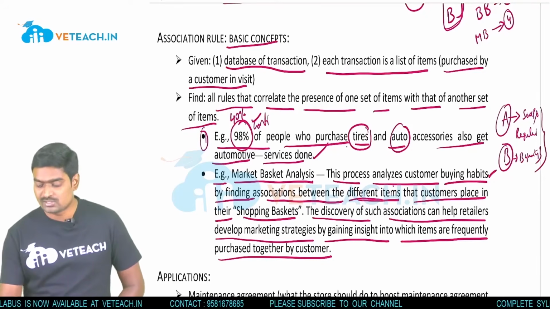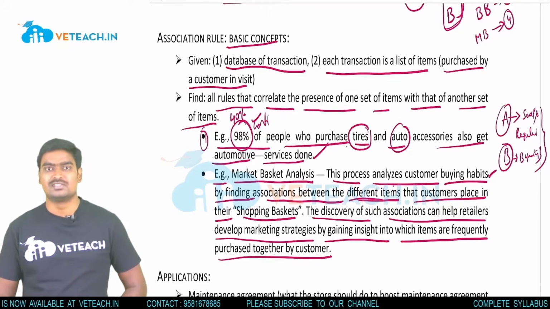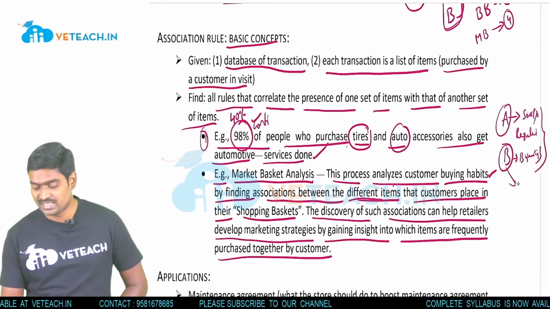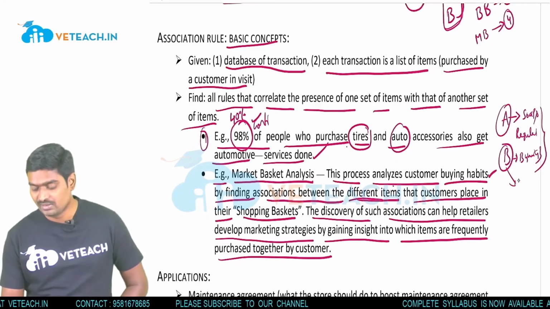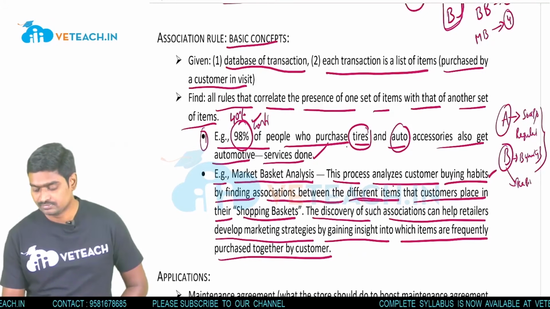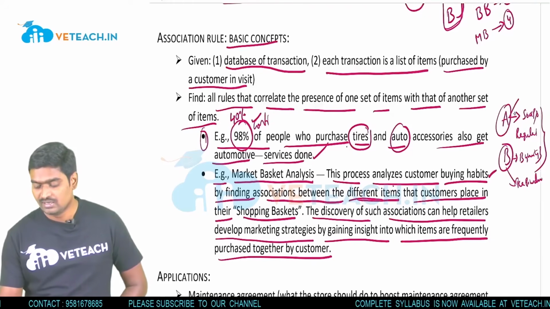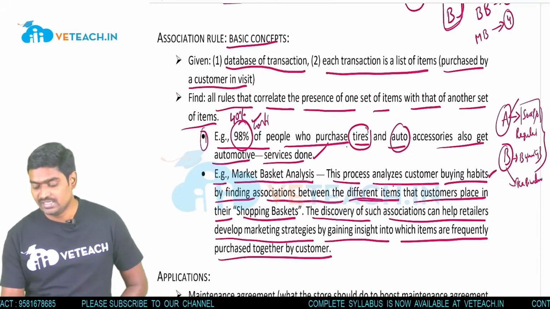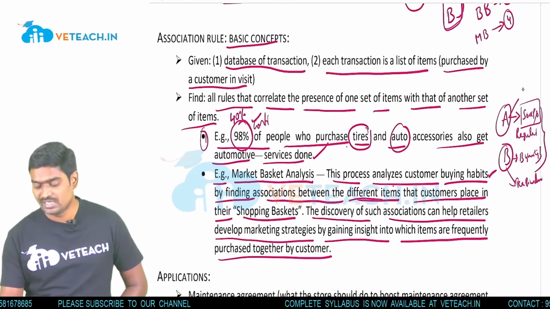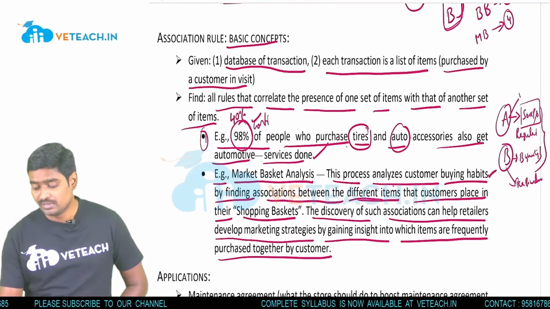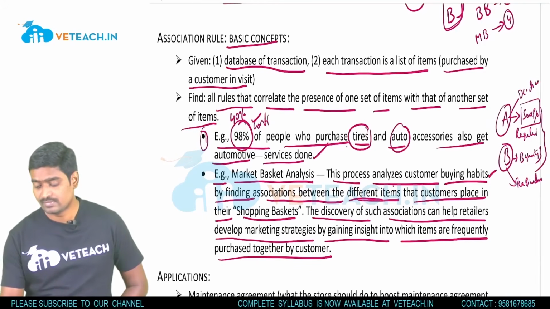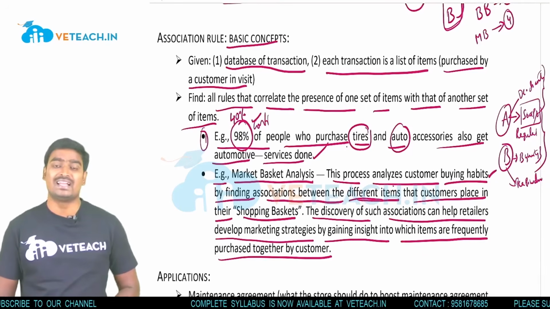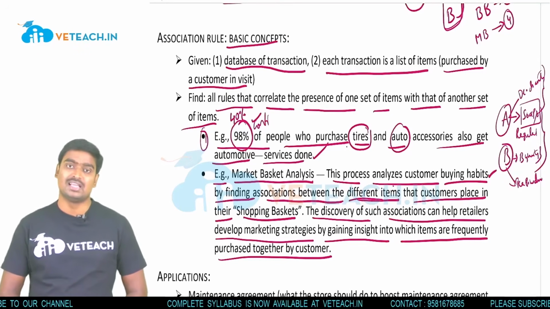There is no association between these two users. But when B buys biscuits, then automatically B buys tea powder. And when customer A buys a soap, then automatically A buys deodorants. This is the combination we have to analyze using market basket analysis.